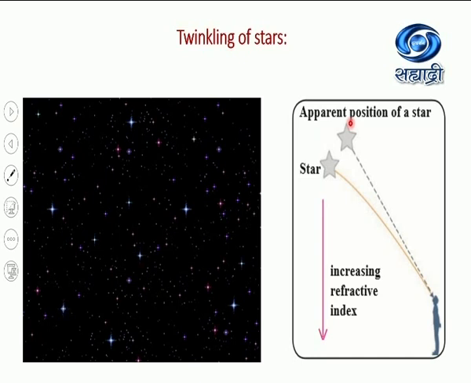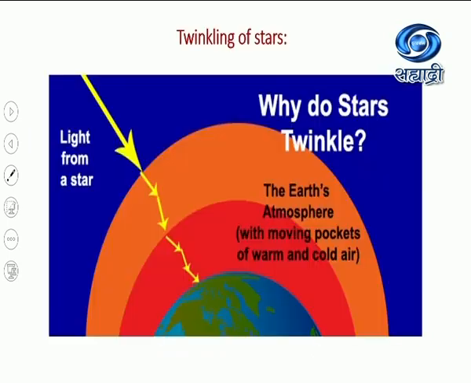As we move above the surface of the earth, the density of air decreases. We are near the earth's surface, so the density of air is higher compared to the layers at high altitude.